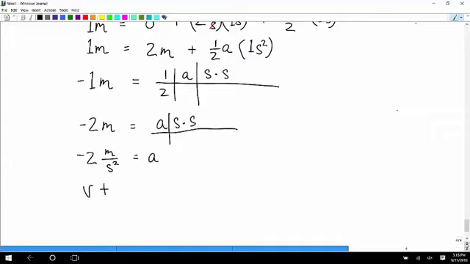The velocity is positive, so the negative acceleration means that it's slowing down.